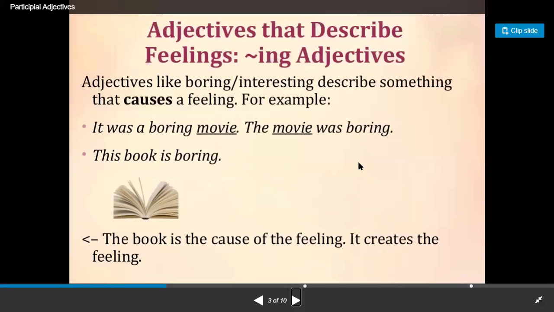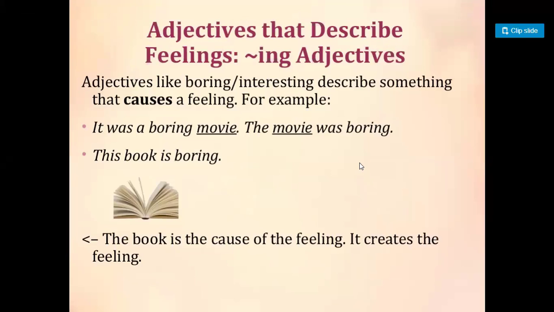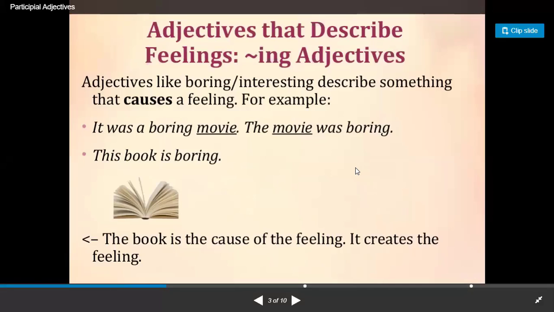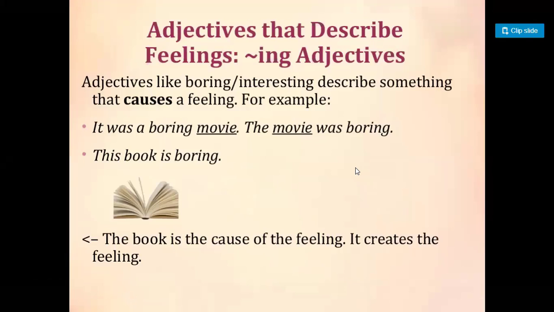Now, ing adjectives describe feelings. Those adjectives which take ing become present participle, fourth form, as we call them because we are so familiar with the ing as verbs. But these are adjectives. Those adjectives which take ing describe feelings.